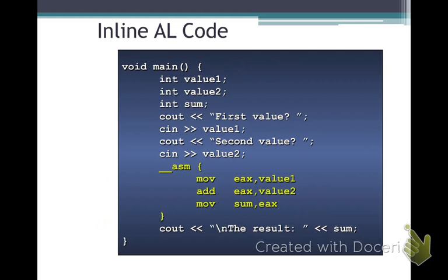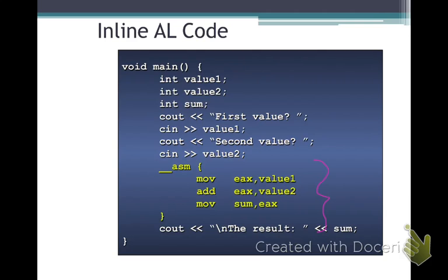There are two different ways of doing this. First is inline assembly language code. This we won't use very often because it is specific to the platform, and we really don't want code that is that specific to the platform. I've highlighted in yellow what we need to be concerned with here.